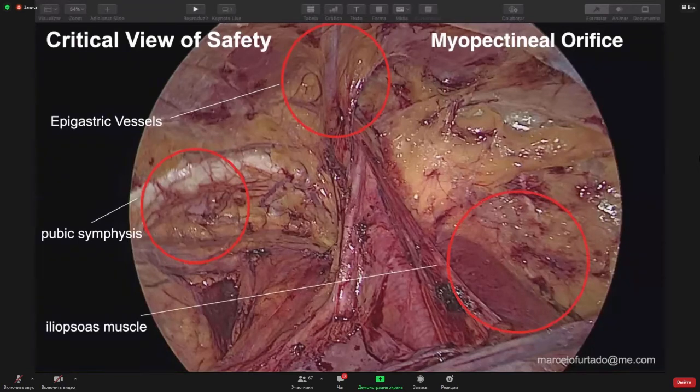We always need to see these three landmarks during our dissection. Independent of whether it is a TEP procedure or a TAPP procedure, we always need to see these elements for a complete dissection of the posterior region, and this is most important for us.